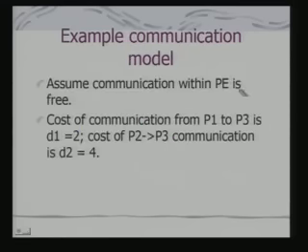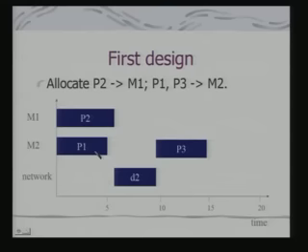Assume communication within a PE is free, that means there is no delay involved there, and the cost of communication from P1 to P3 is 2 and the cost of communication from P2 to P3 is 4. So, with this cost, we can have one design where P2 gets mapped to M1 and P1 and P3 get mapped to M2.